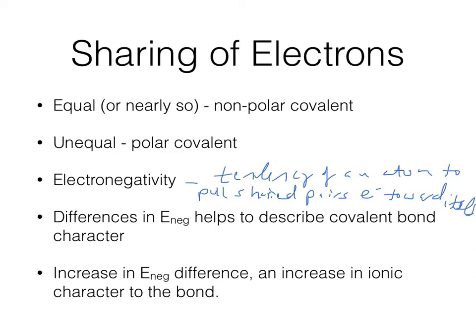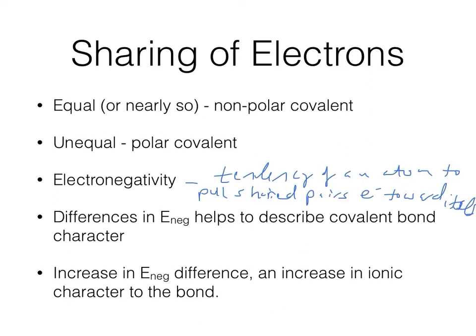Okay? Now, the differences in electronegativity values help to determine the polarity. Now, your book, like many books, takes kind of a really simplistic view of it. Okay? They say if the electronegativity difference is 0, that's the only nonpolar, a true nonpolar covalent. And then everything else is polar.